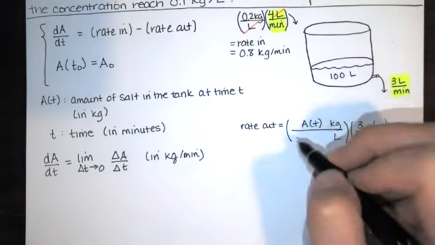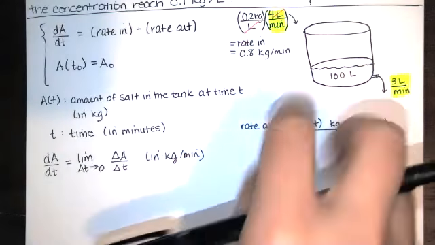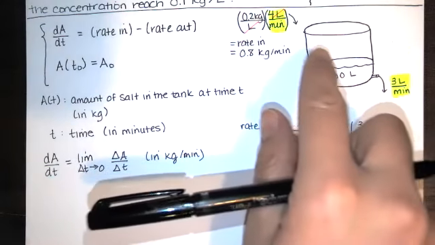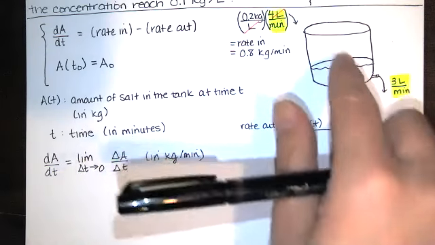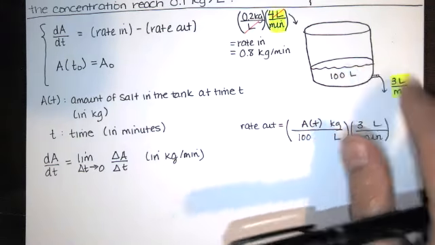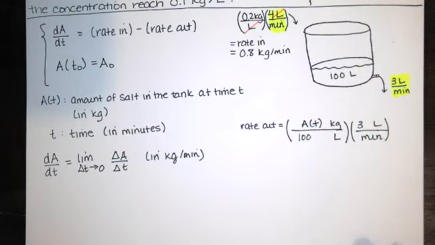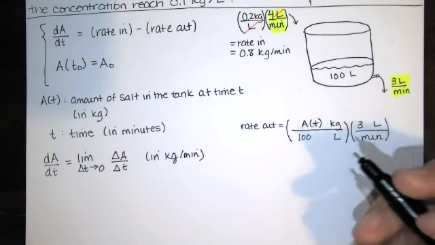So I start with 100 liters, and then 1 minute later, I've got 101 liters, and then 2 minutes later, I have 102 liters. And 10 minutes later, because this happened 10 times, I'm adding 4 liters per minute, 10 times, and then at every single minute, I'm taking out 3 liters per minute as well. And so every minute, I'm gaining another liter.